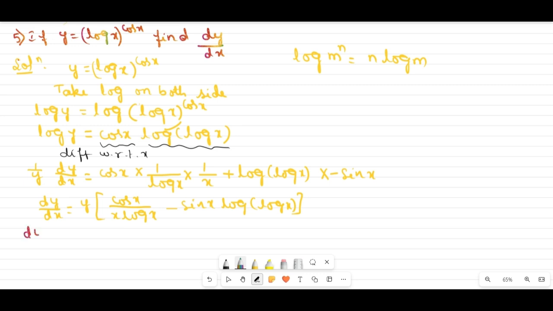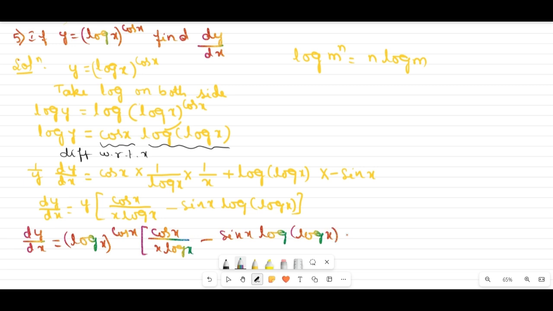The final answer is dy by dx is equal to y, which is log x whole power cos x, into the remaining that we have got, that is cos x divided by x log x minus sin x into log x. So this is the final answer for the given problem, log x whole power cos x.